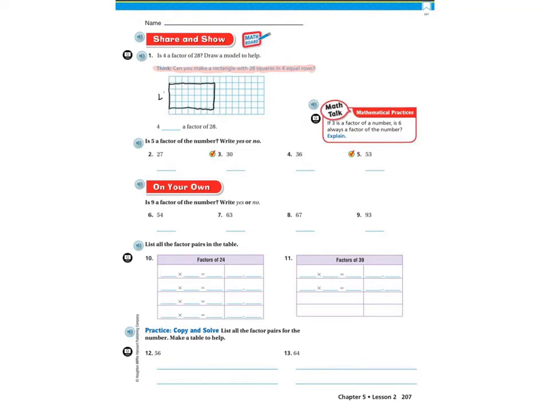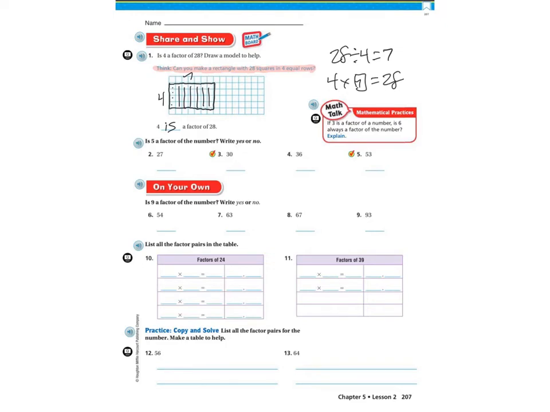We have 4 and we have 7. And then we can count these up individually if you want. 4, 8, 12, 16, 20, 24, 28. So it looks like 4 is a factor of 28 because 28 divided by 4 equals 7, or 4 times what gets me 28? And the answer would be 7.